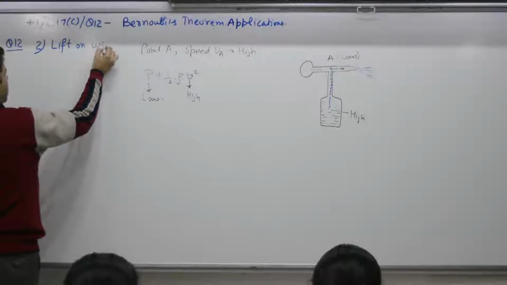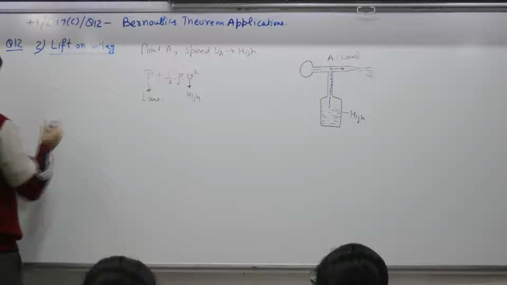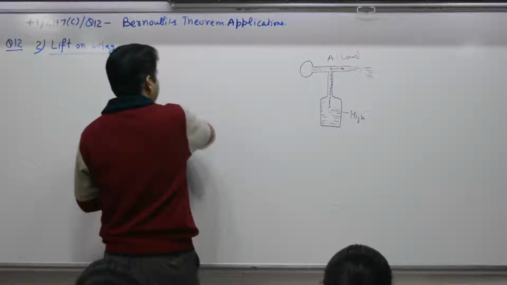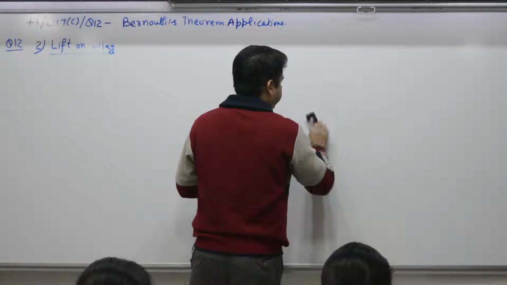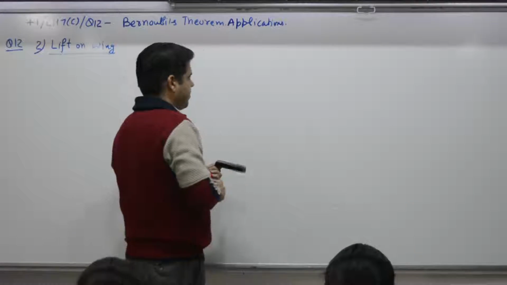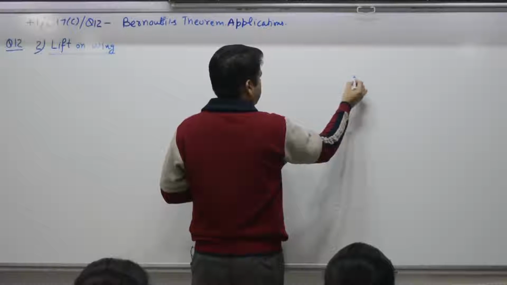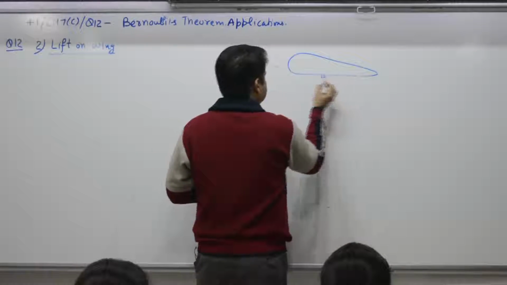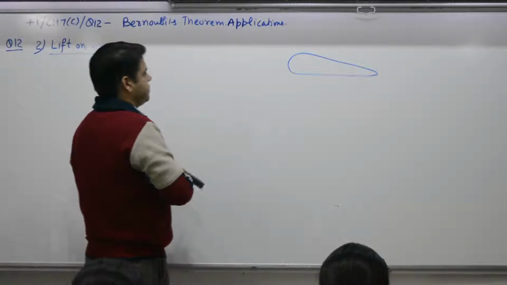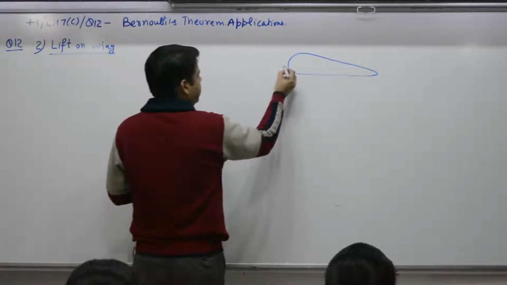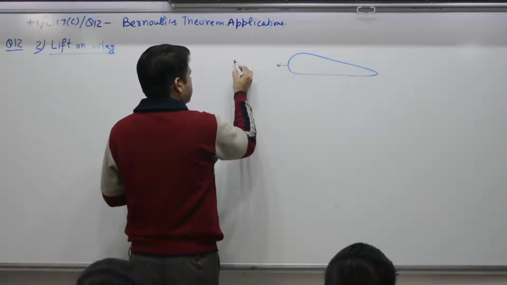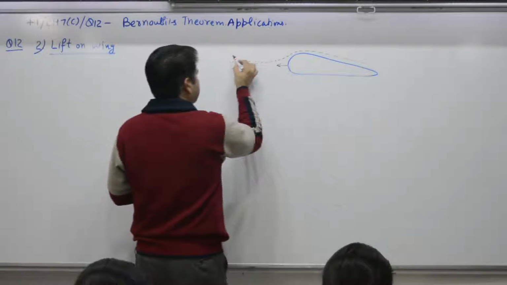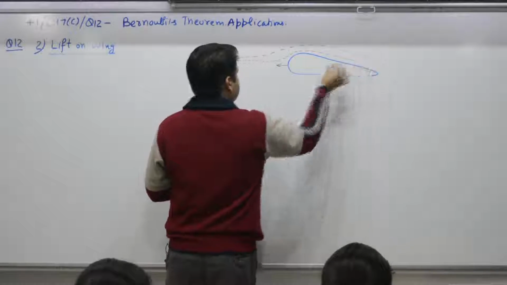Lift on an aeroplane wing or any object which moves. Suppose the motion is towards left. If the object moves towards left, the air will move in this form.